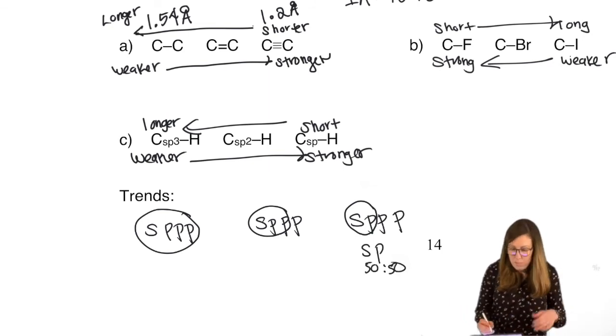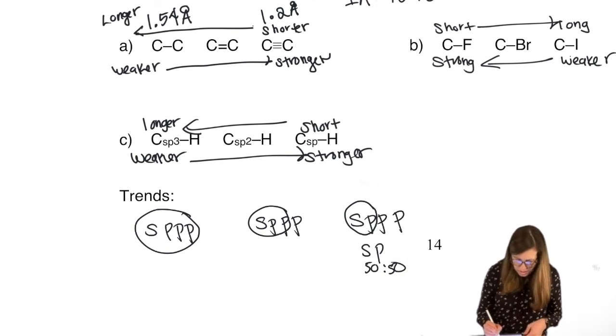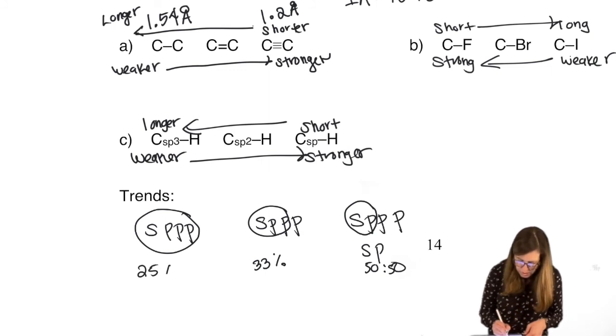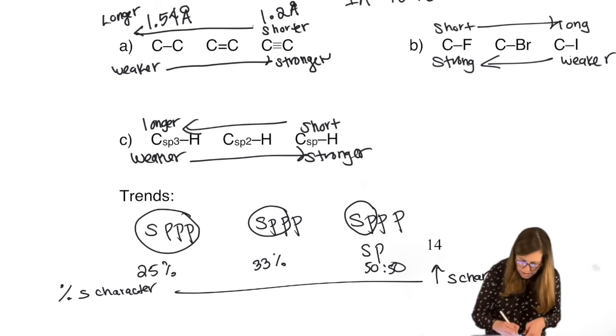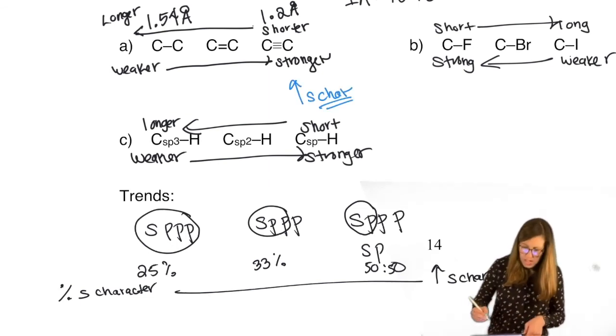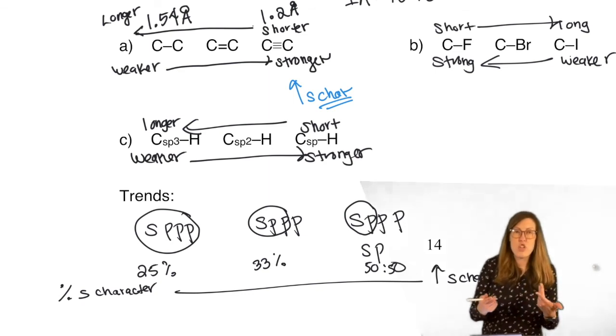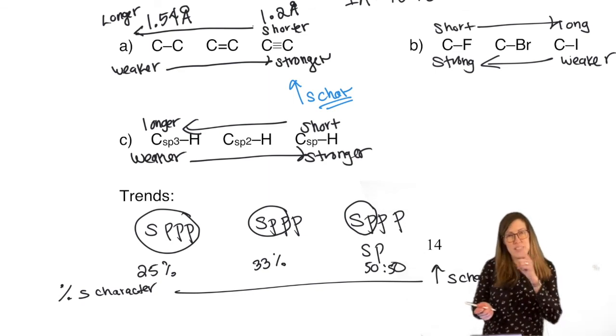But if you had to split it among 3 glasses like we did, it was 33% s character. And then finally, this one would have 25% s character. So this region is where we have increased s character. It usually indicates stronger, or more tasty if it's chocolate milk.